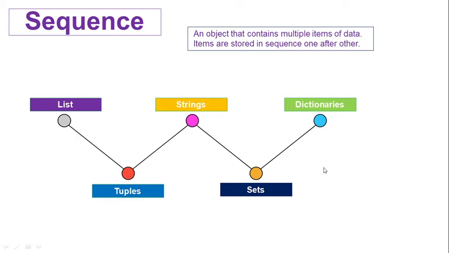Another important point is that in any sequence we can predict the next item. Suppose you are at the element L, you can predict the next element I, and after referring to I you can refer to the next element S, right? The next item can be predicted in all these sequences because they occupy contiguous memory location.